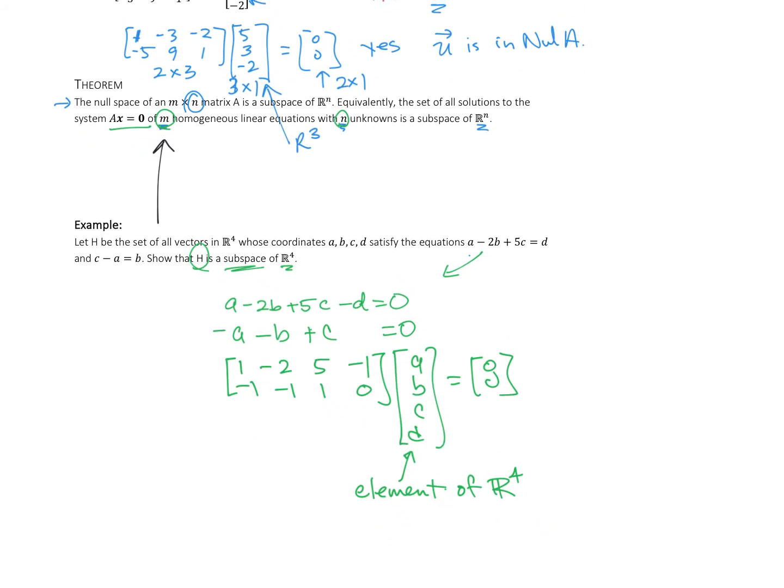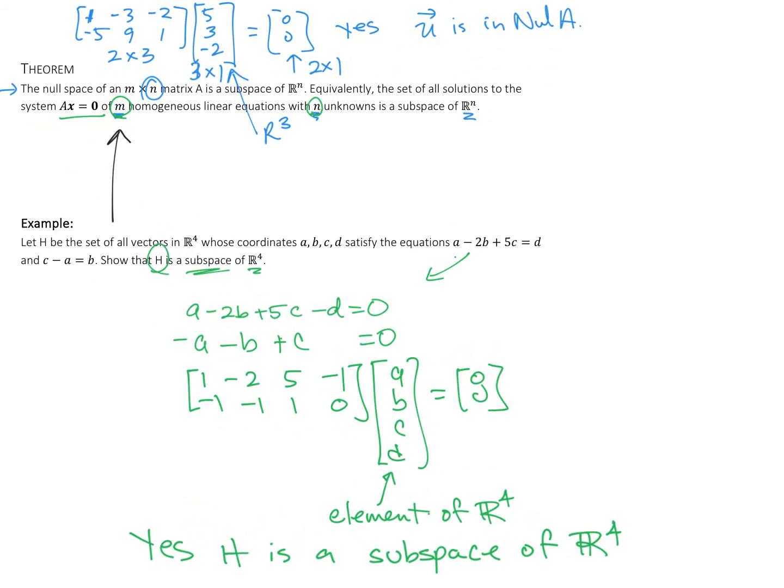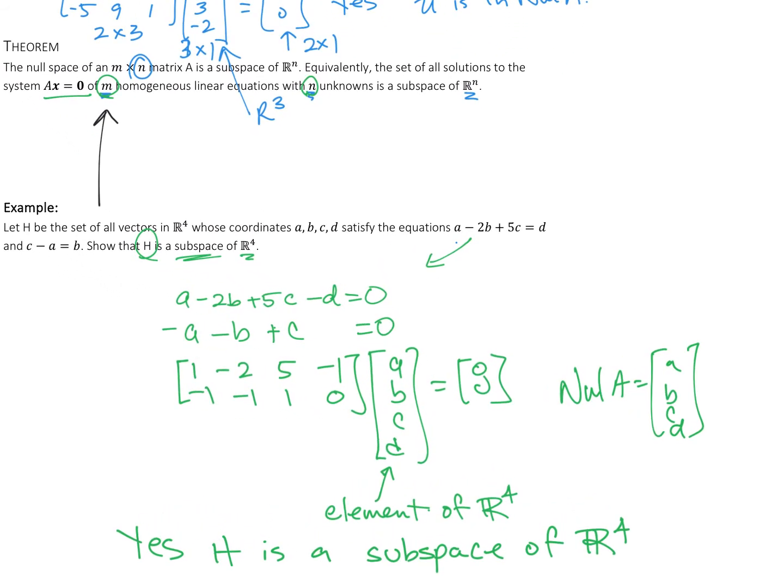So yes, by that theorem, H is a subspace of R4, because this is our null space. In other words, the null space of A is equal to all the a, b, c, d that are solutions. Anything that makes that true is in the null space of A. Makes sense? Hopefully?